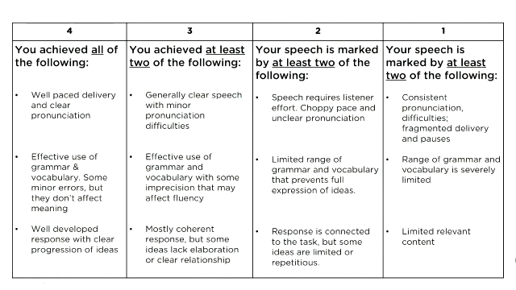And then if we look at point 3, the response is connected to the task, but some ideas are limited or repetitious. So that student didn't really develop her response. There was some sort of repetition of ideas and probably didn't really hit the point. So that was a lower level response.